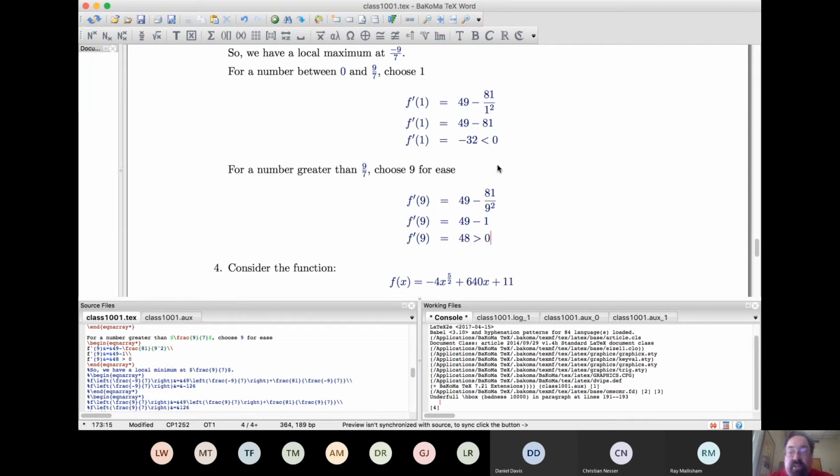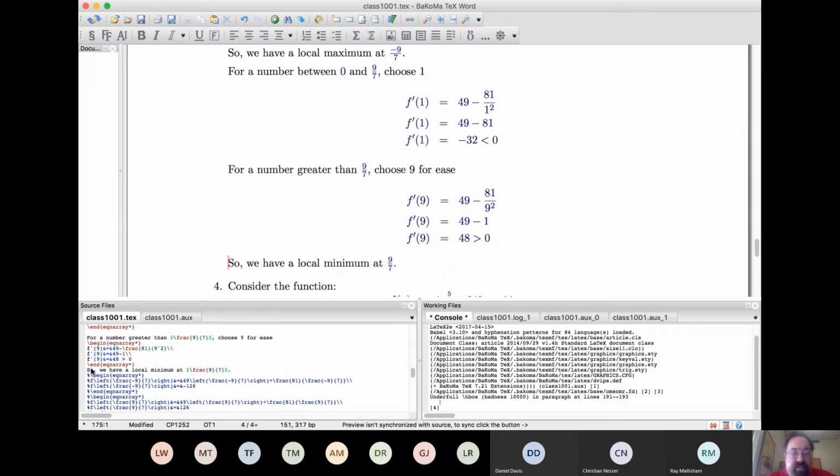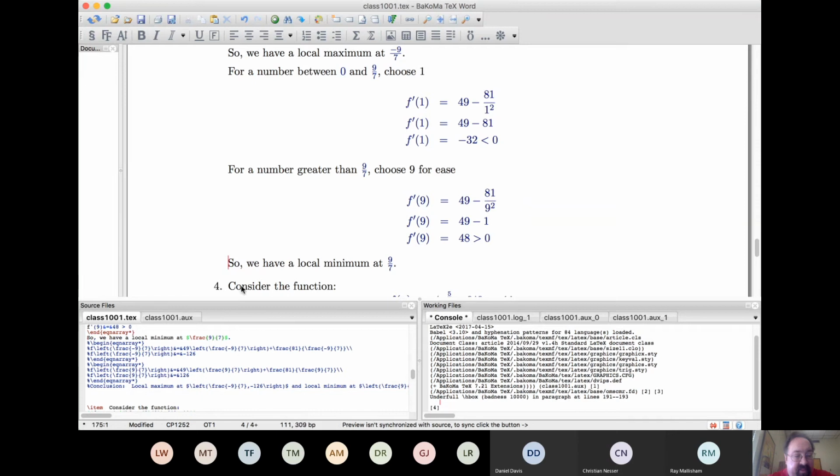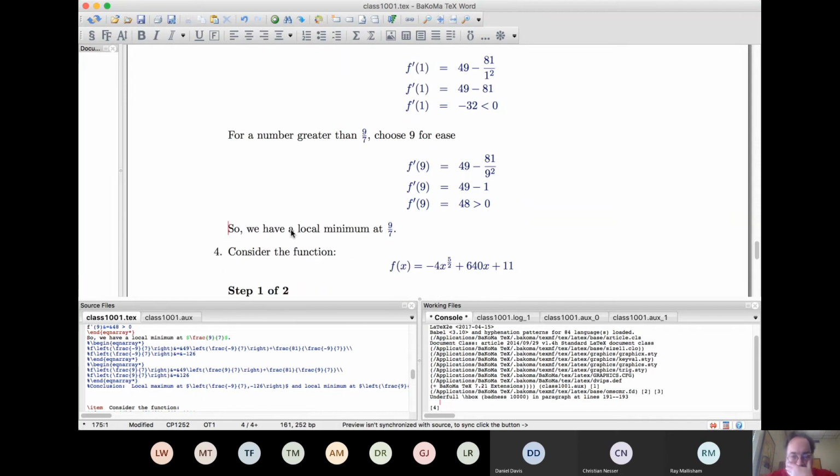So the derivative changes sign from minus to plus. So the function is decreasing, then increasing. So that is a minimum. Right. So we have a maximum at minus 9/7, a minimum at plus 9/7. But in both cases, we need ordered pairs.